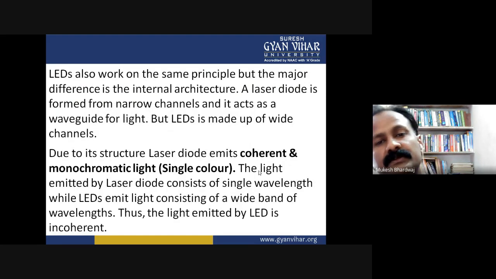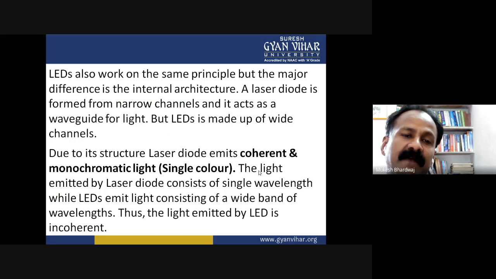LEDs also work on the same principle, but the major difference is the internal architecture. A laser diode is formed from narrow channels and it acts as a waveguide for light. But an LED is made up of wide channels. Due to its structure, a laser diode emits coherent and monochromatic light, single color.